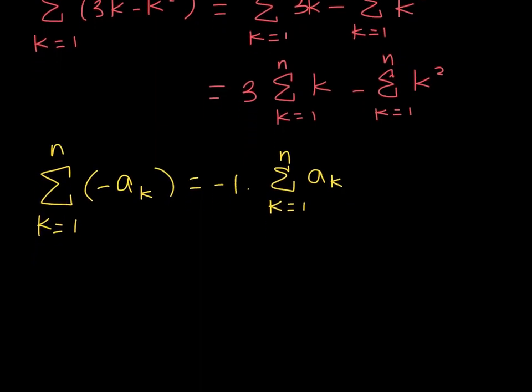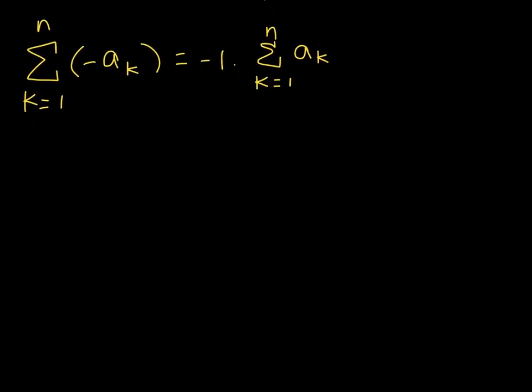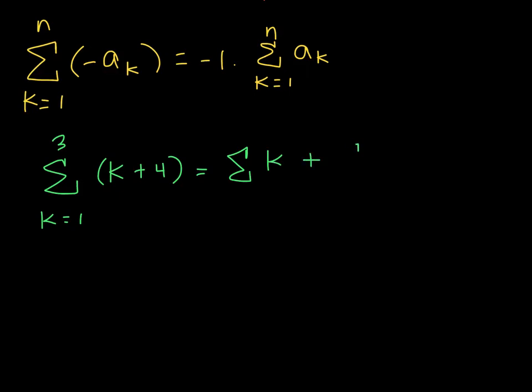What if we have something like the sum of k plus 4? Can we work on rewriting this? As k goes from 1, let's say, to 3. What would this be? Well, we can rewrite this as the sum of k plus the sum of 4, as k goes from 1 to 3.